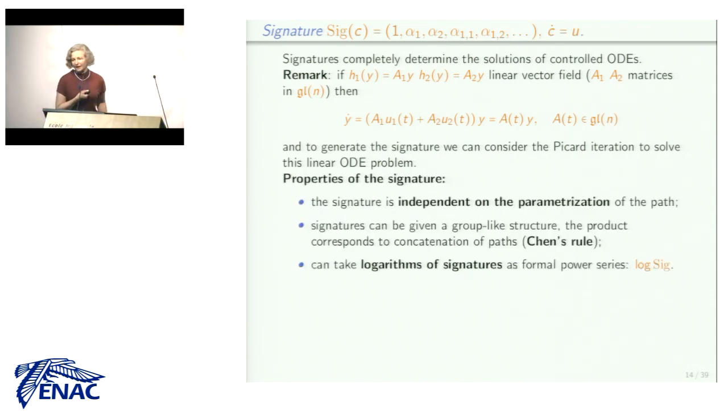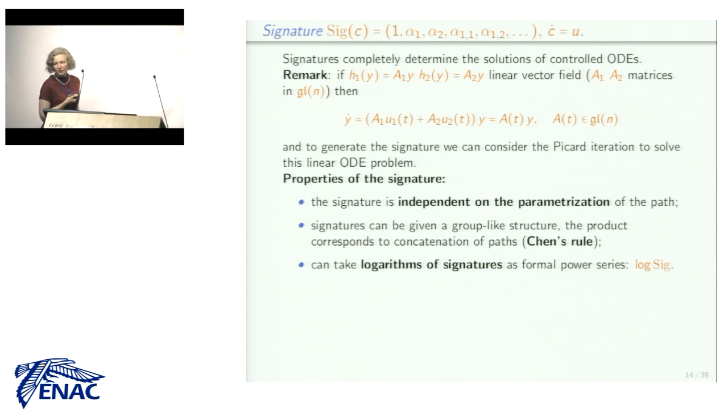What are the interesting properties of the signature? Why do I bother with this signature? Well, the first thing one can notice is that the signature is independent of the parameterization of the path. That's a very desirable property also in data analysis, as we will see afterwards.